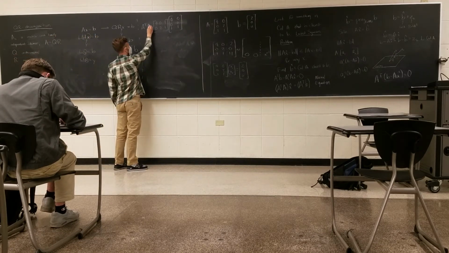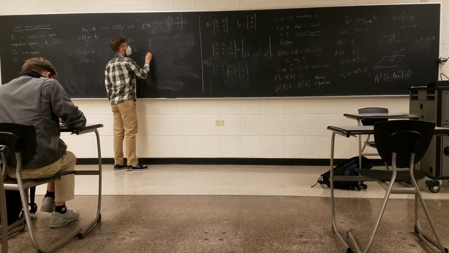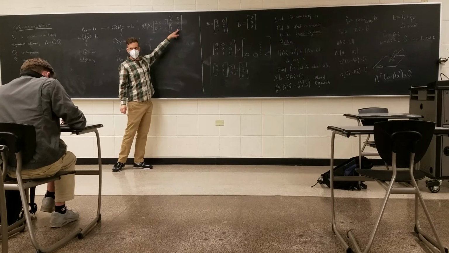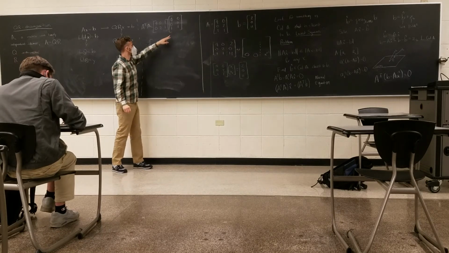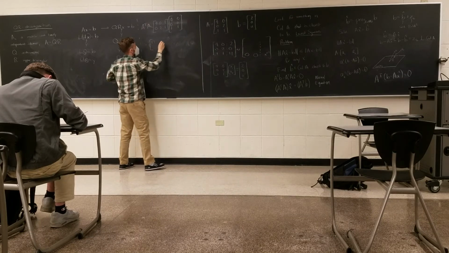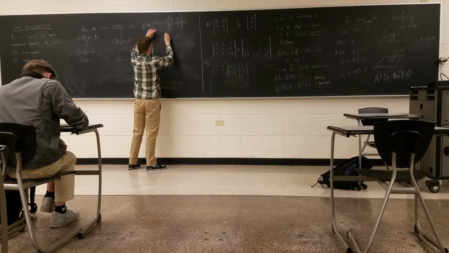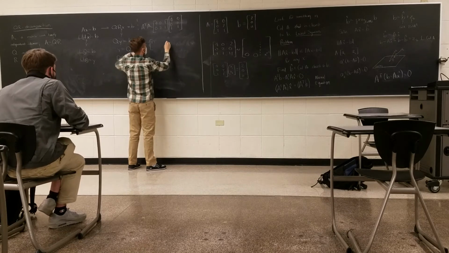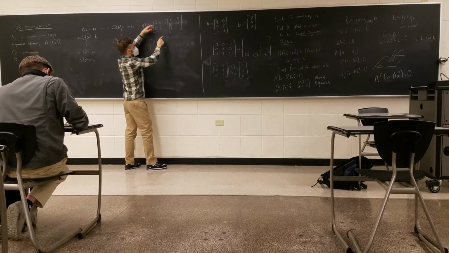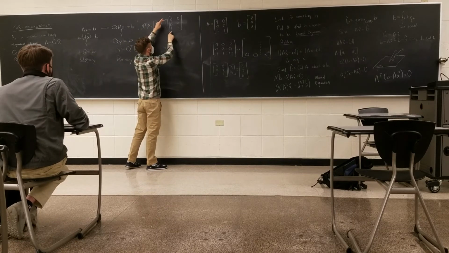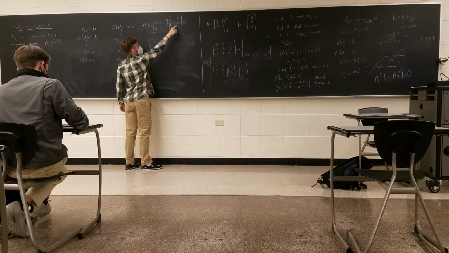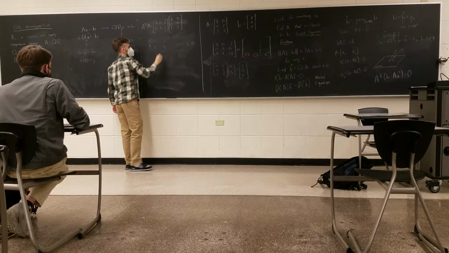So what do I get? This is going to be a 2 by 3 matrix, and this is a 3 by 2 matrix, so I should end up at the end with a 2 by 2 matrix. So it'll be 16 plus 1, that's 17. This will be 4 plus 1, that's 5. And then the off-diagonal entries, this is 0 plus 0 plus 1, and 0 plus 0 plus 1.